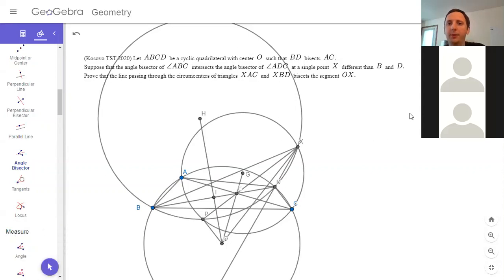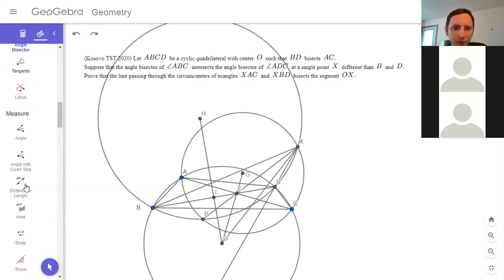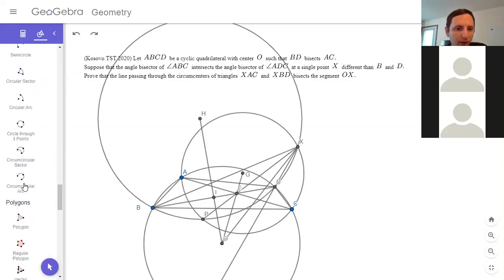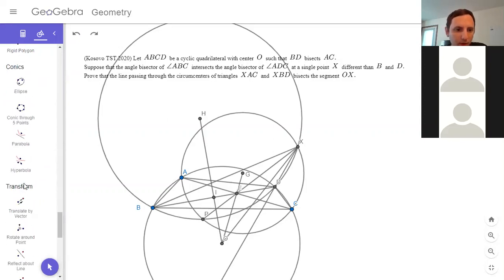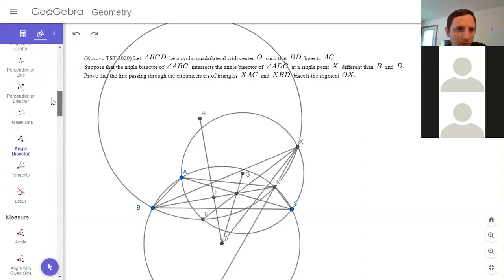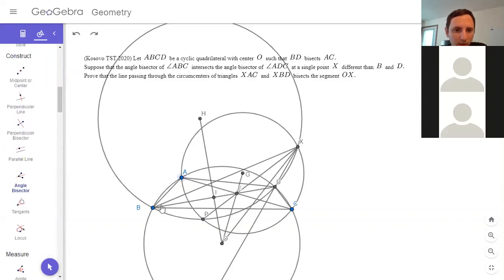Oh, I'm sorry, I3435, I didn't even see your comments from earlier. Draw the B median of triangle ABC. All right. Is BX an angle bisector?